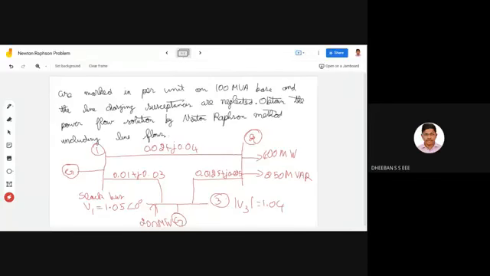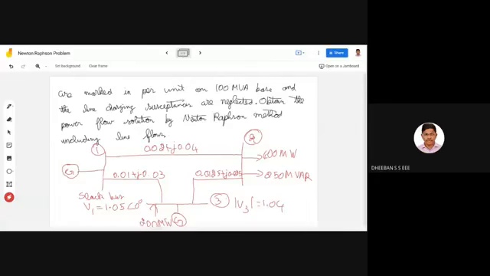It is a 3-bus system. I'll be giving 5 minutes. You just try to form the Y-bus matrix for this particular circuit. It is very easy.